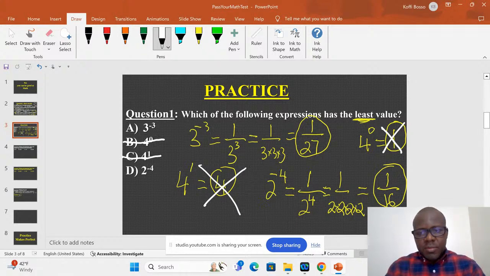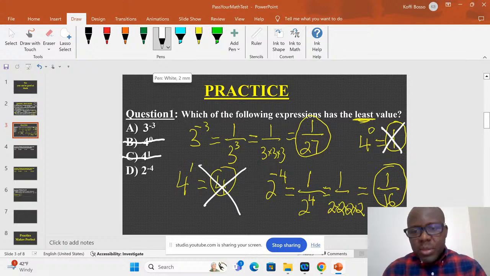That is the reason I crossed out the 4 and the 1: in the 4 answers, I have 2 fractions where the numerator is 1 and the denominator is more than 1. Every time you have a fraction where the denominator is more than the numerator, that fraction is smaller than 1.